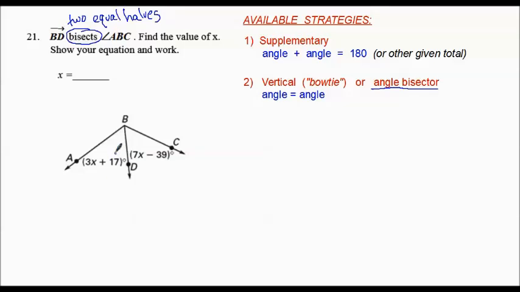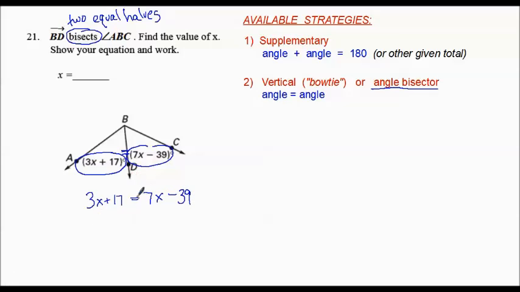So what we know with this strategy is that this half must be equal to this other half. And that's exactly the equation that we write. 3x plus 17 equals 7x minus 39.